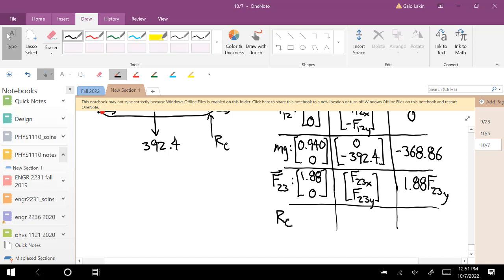And then the last one is RC. That has the same rho vector, 1.88, 0. Force vector is 0, RC. Cross product is 1.88 RC.